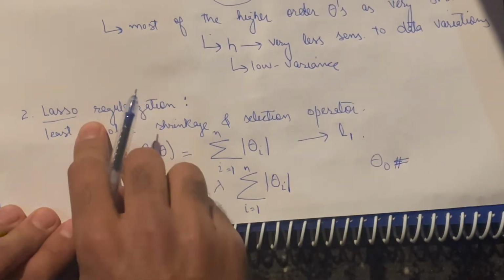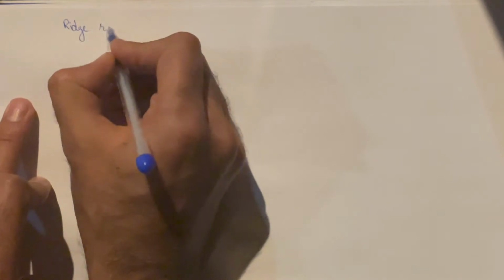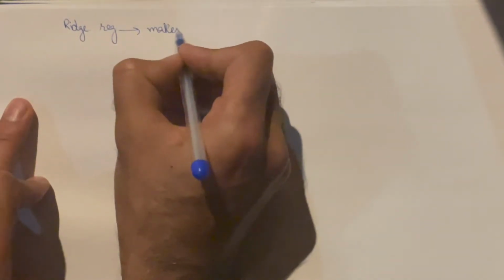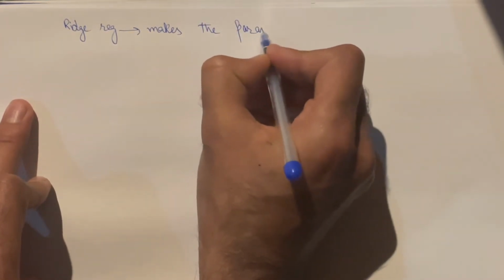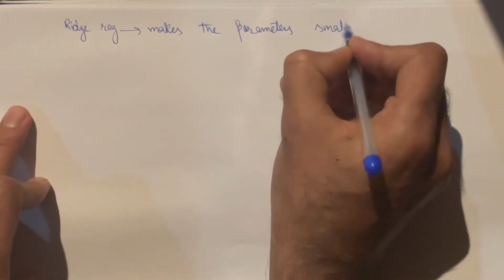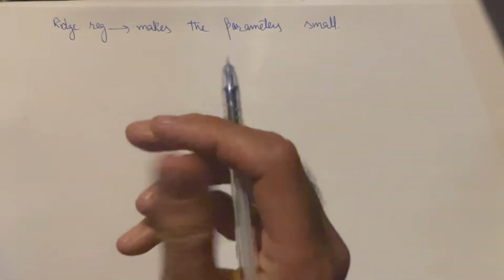The difference between the lasso and ridge regularization is that ridge regularization makes the parameters small, their value is very small.